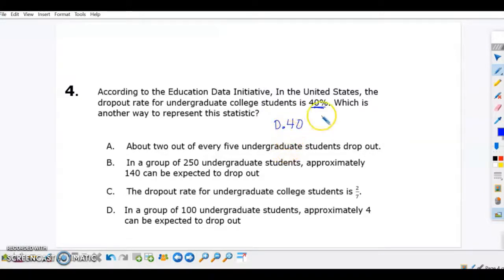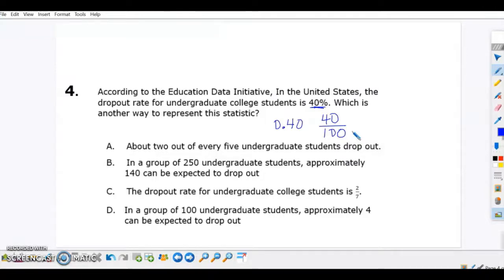We could write it as a fraction. Percent literally means per 100, or out of 100, so I could do 40 divided by 100. 40 out of 100 is the same as 40%. So that's another way to write that.